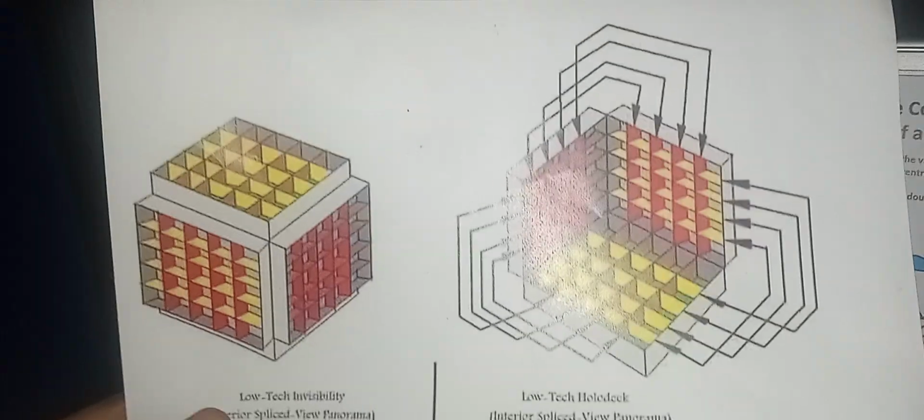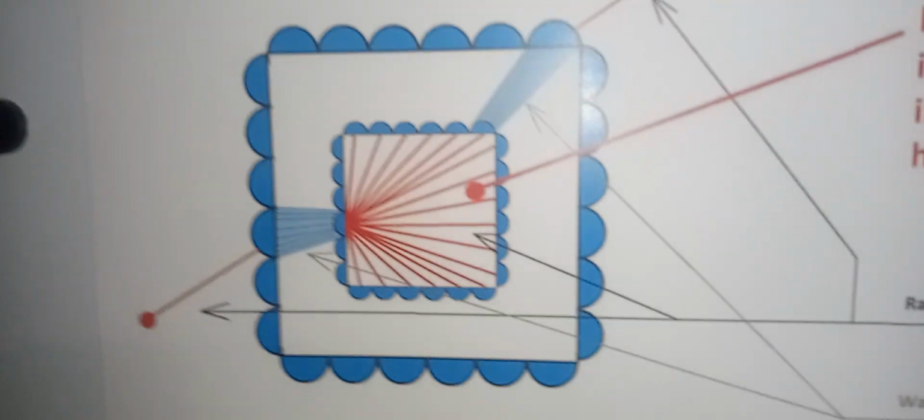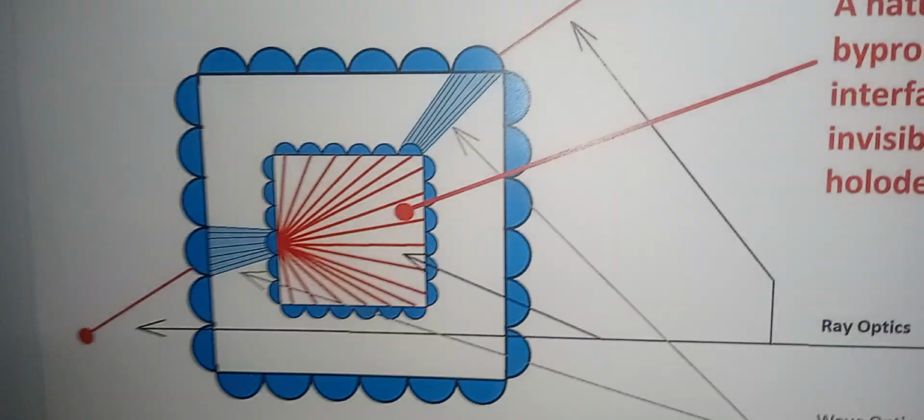It's a low-tech form of it that shows the inverse relationship between low-tech invisibility and a low-tech holodeck. And this shows its two alternate states, but you need transmission to send light through in a high-tech form.